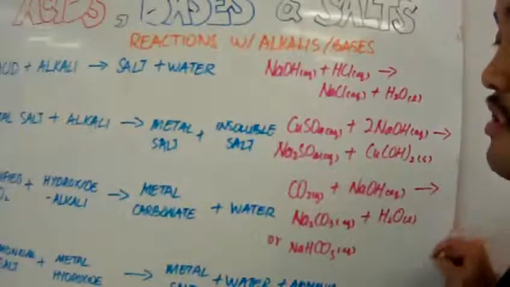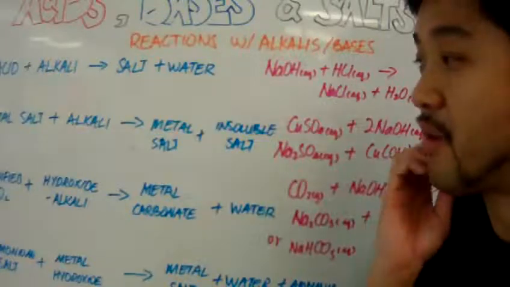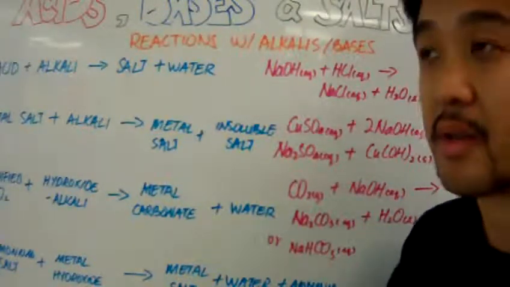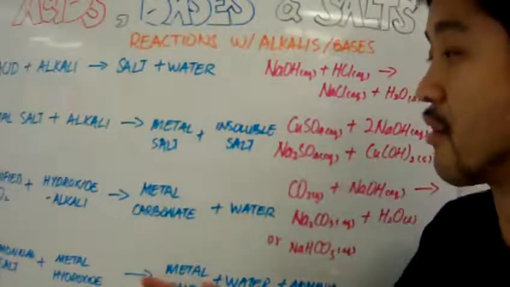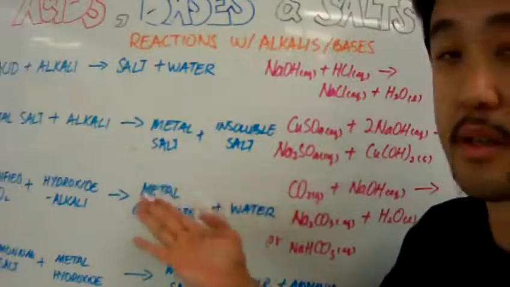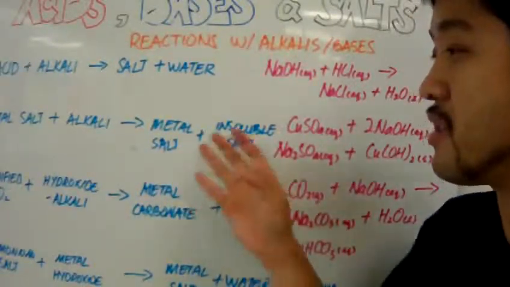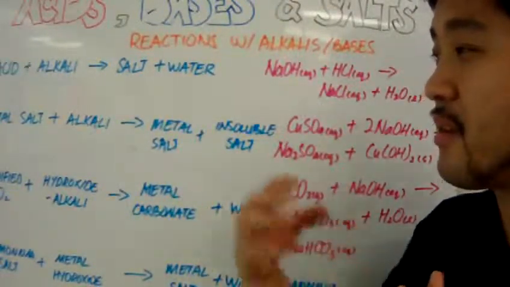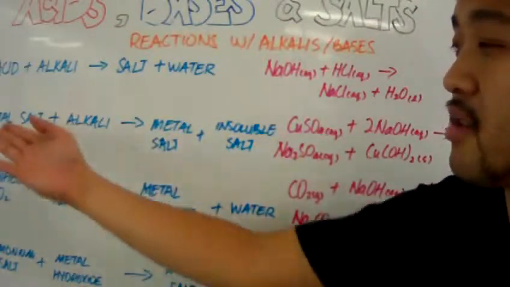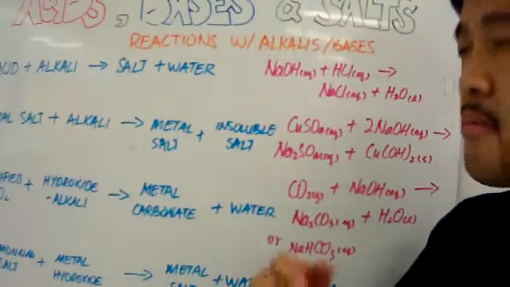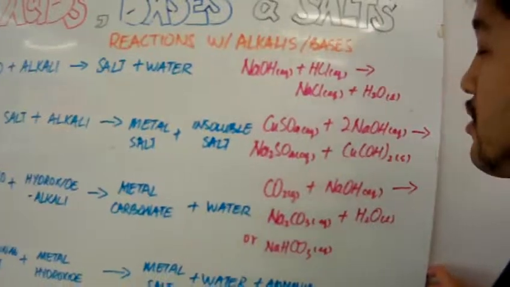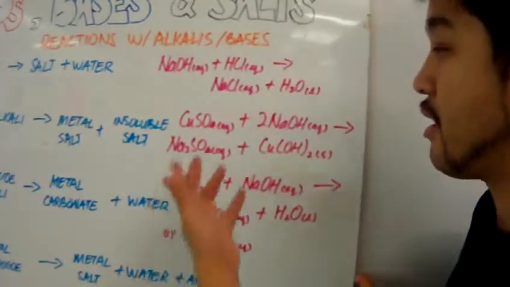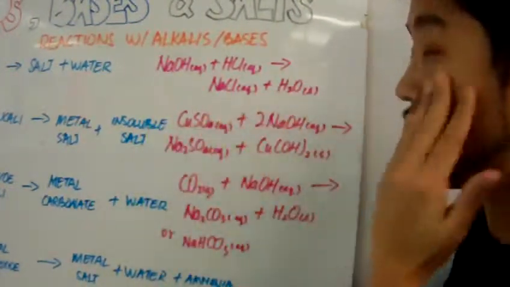All right. There's also another type of alkali reaction involving metal salts with alkali, and that would yield metal salts and insoluble salts. These are actually how insoluble salts are made. You have two soluble items, mix them together, and you get an insoluble salt or precipitate. All right. A classic example is copper sulfate.